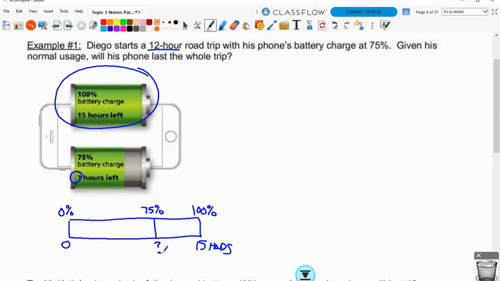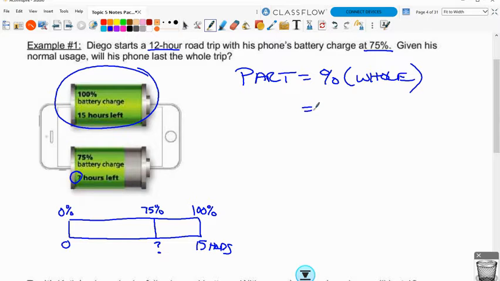So we're going to start by writing the percent equation. And if you remember from the last lesson, the percent equation says part equals percent times whole. Okay, and we're always looking for a percentage of the whole. All right, so we know that he's at a 75% charge.